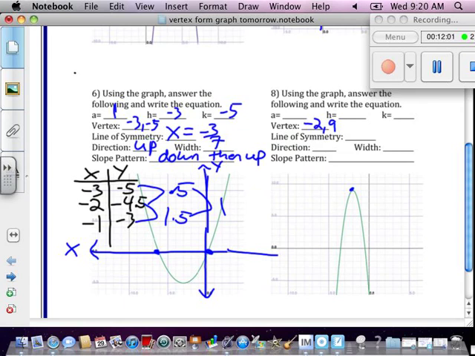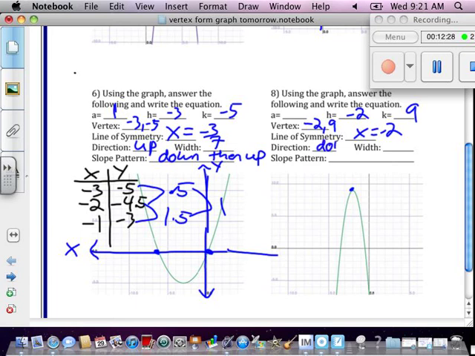So what is my h? Why doesn't somebody raise their hands? Tell me what h is. Thomas. Good. What is k? Please raise your hand if you can tell me the axis of symmetry. X equals negative 2. All right. What direction is it going? Let's all say together. Down.